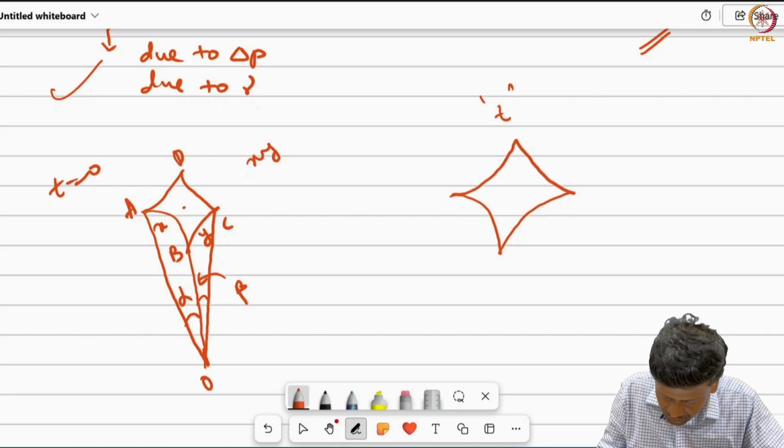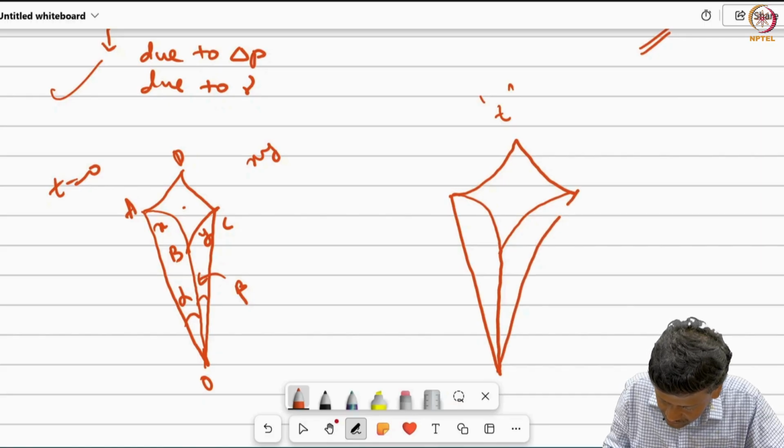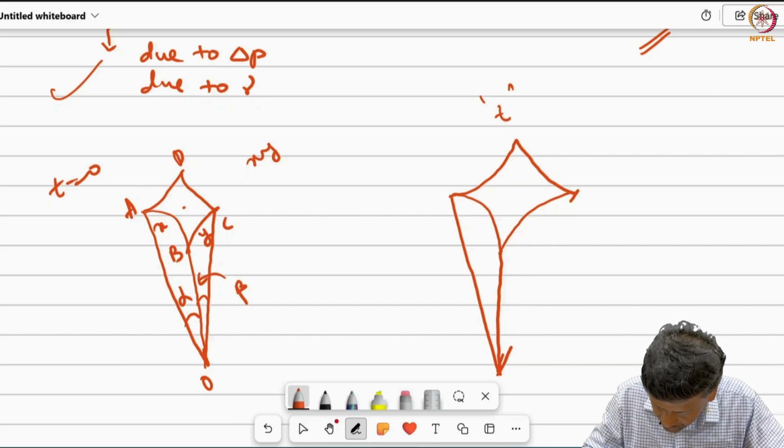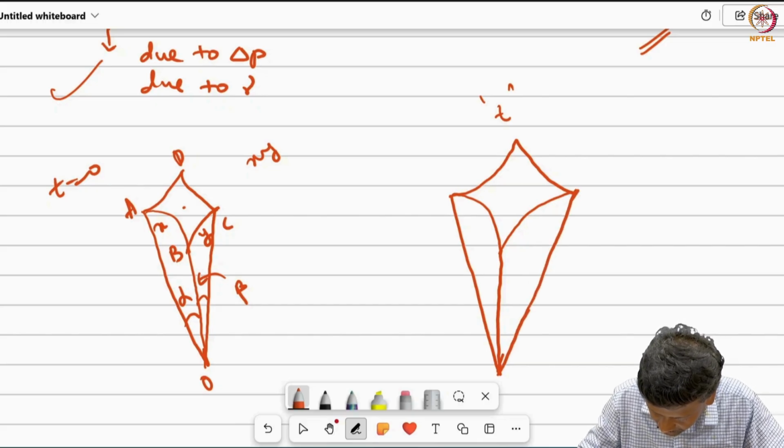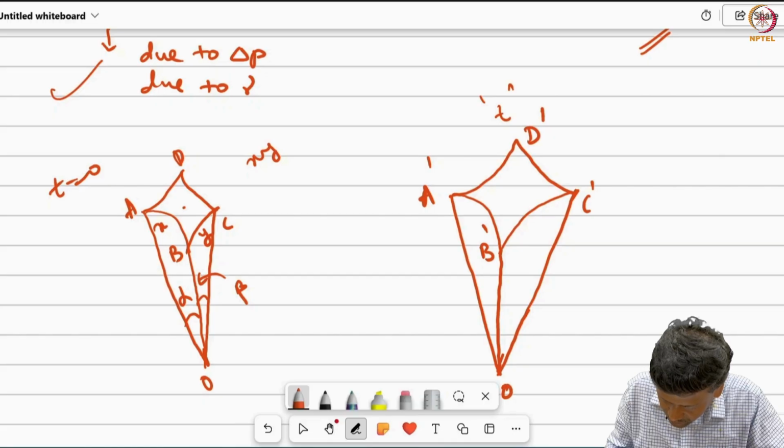In this case we have a triangle, a similar triangle, that is A dash, B dash, C dash, and D dash, and this will be O dash.